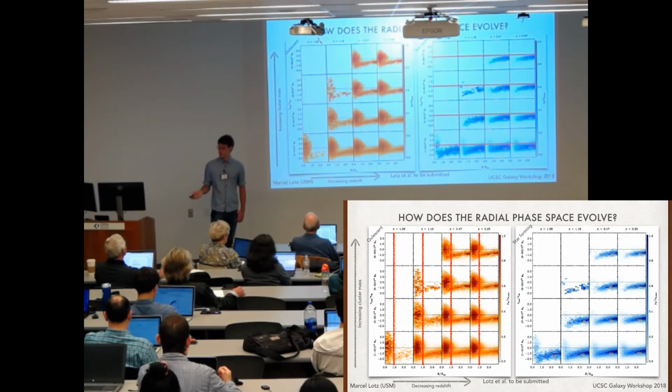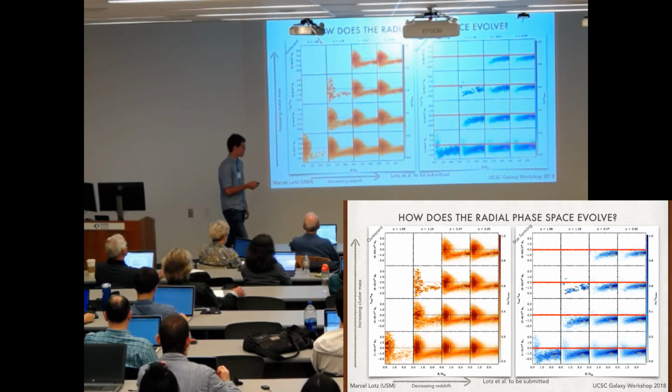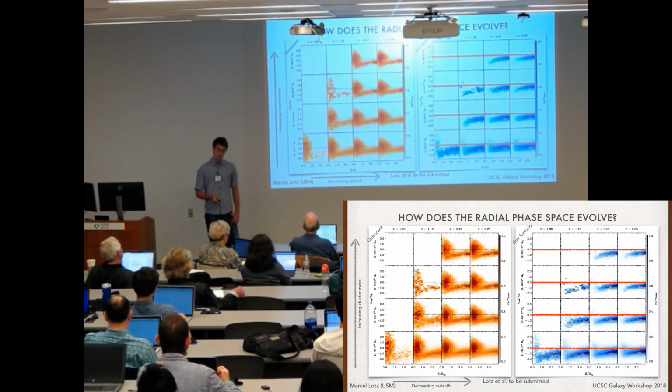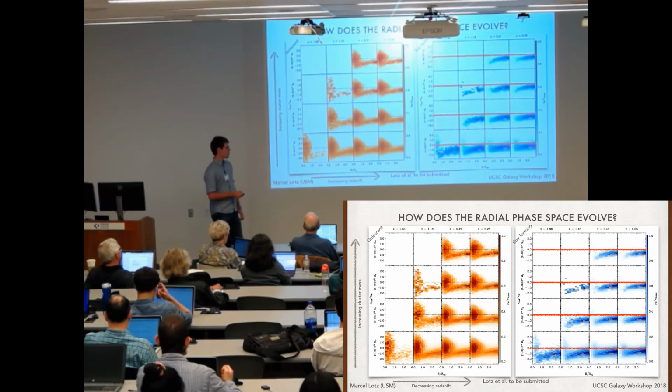But it gets very interesting when we look at the star-forming galaxies, and we see that the vast majority of star-forming galaxies are characterized by a negative radial velocity. So that means that they're infalling. They're in the process of infalling into these clusters. And there are some exceptions where some star-forming galaxies actually make it past their pericenters, but the vast majority of star-forming galaxies, independent of different redshifts and different cluster masses, get quenched during their first passage.